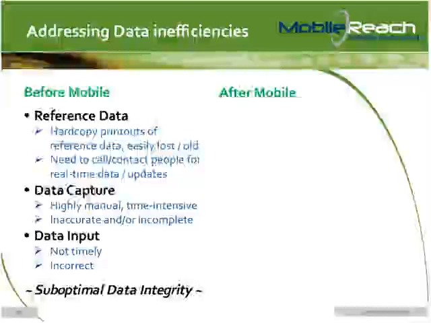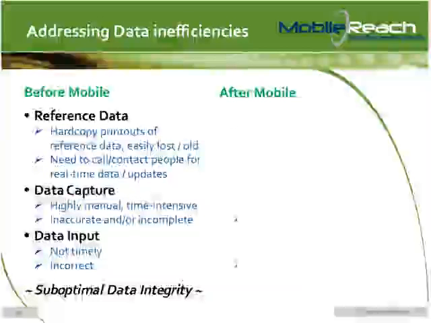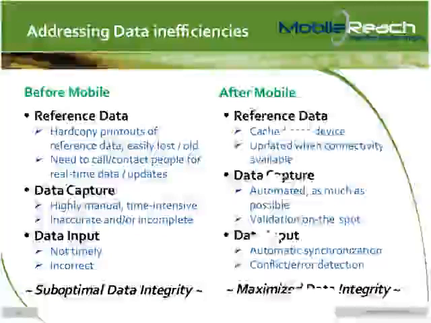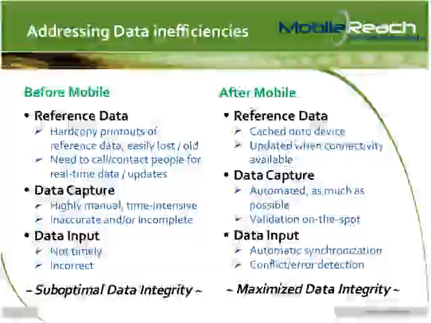So overall you've got suboptimal data integrity in your back-end system that all your decision makers are working from, and that causes problems in all sorts of ways in your environment. So the whole driving force for bringing in a mobile solution is to improve that and make the system more accurate and better overall, more productive for the business.